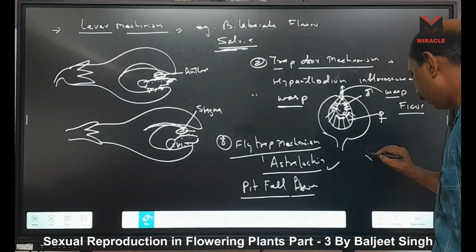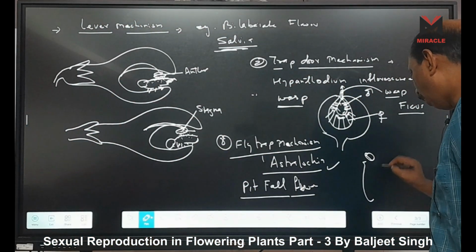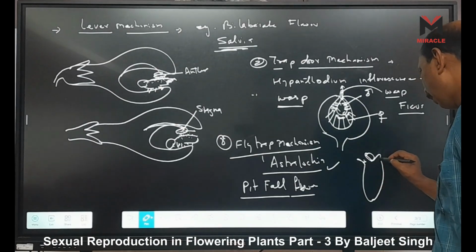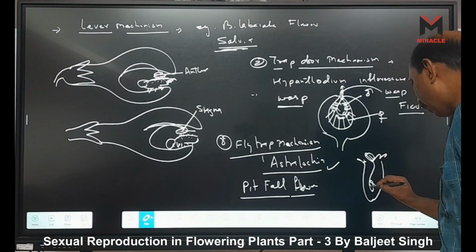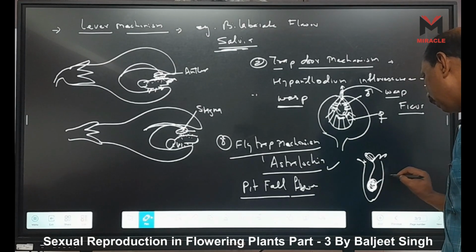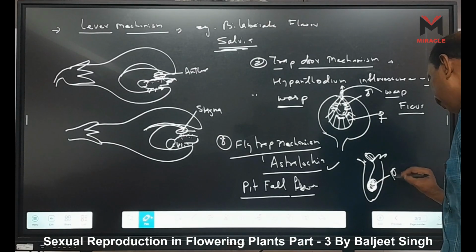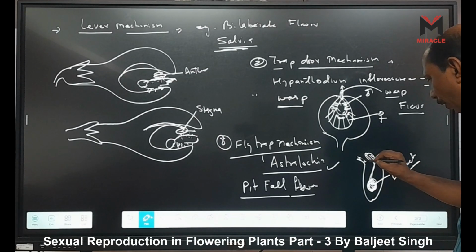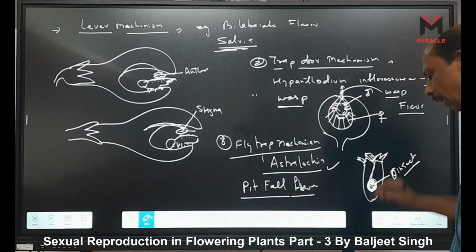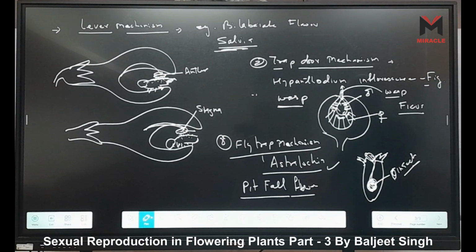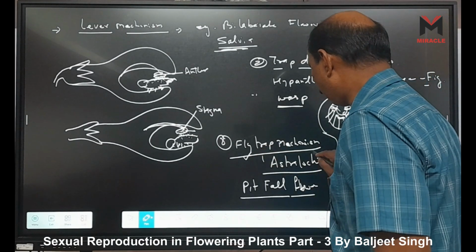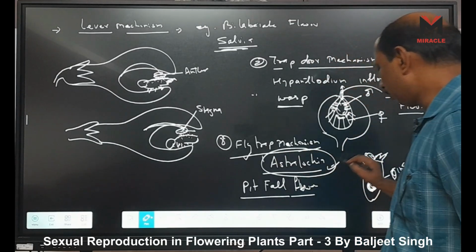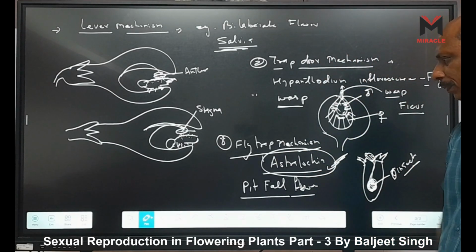So this fly trap mechanism is there, means what happens here? Suppose this is the insect and this is the flower, right? When the insect comes, it drops inside the flower and it is totally arrested inside the flower. Now pollination happens. This is a fly trap mechanism in Aristolochia. You need only to read the examples.